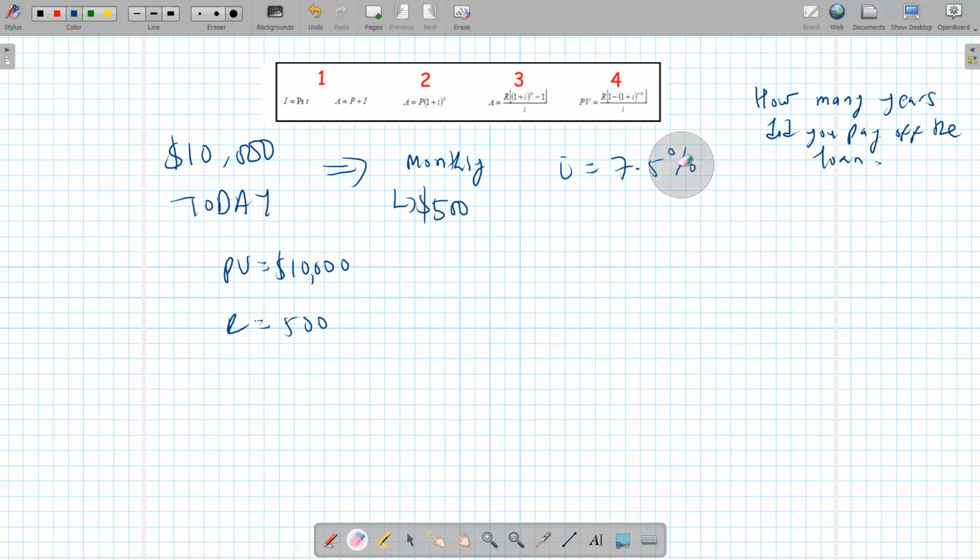Make this 0.075. Okay, we're just going to make this because that's going to give us a nice number, I think. 0.072. No, it's a monthly payment, right? Monthly payment. What do you do? That's the interest rate per year.